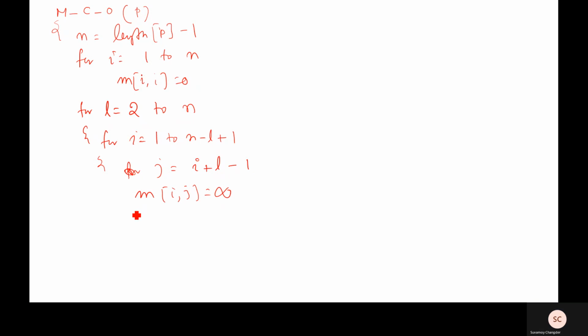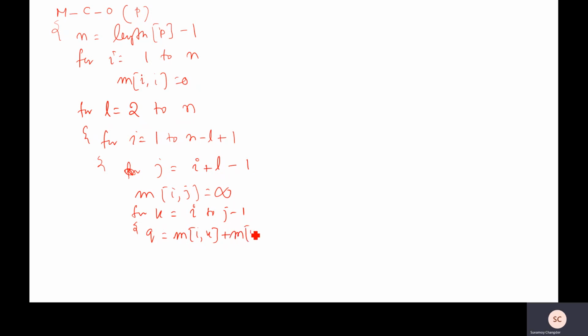Then for k equals i to j minus 1, what will we do? We find the value of the multiplication, q equals m[i,k] plus m[k+1,j] plus p[i-1] p[k] p[j], as in our mathematical formula.